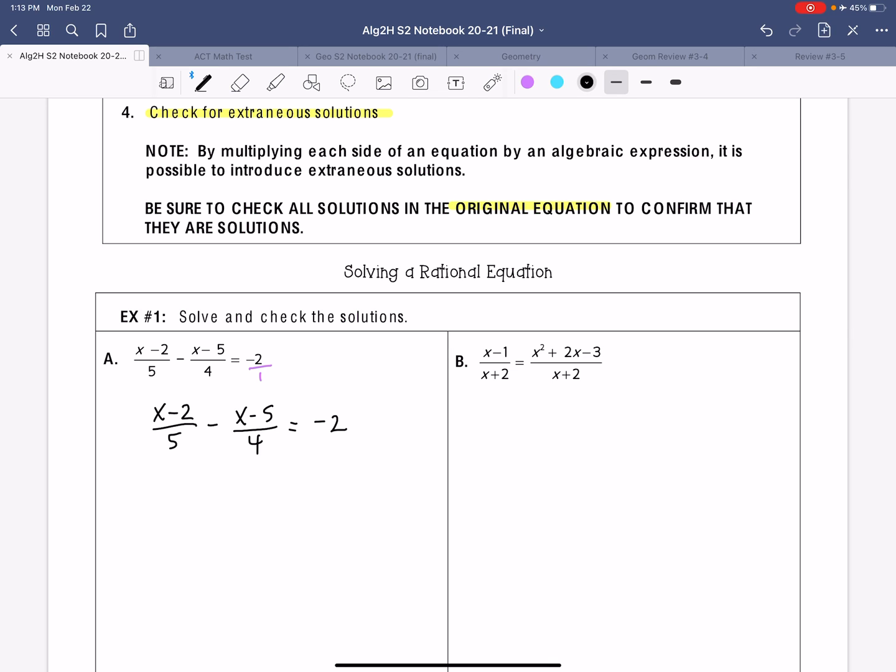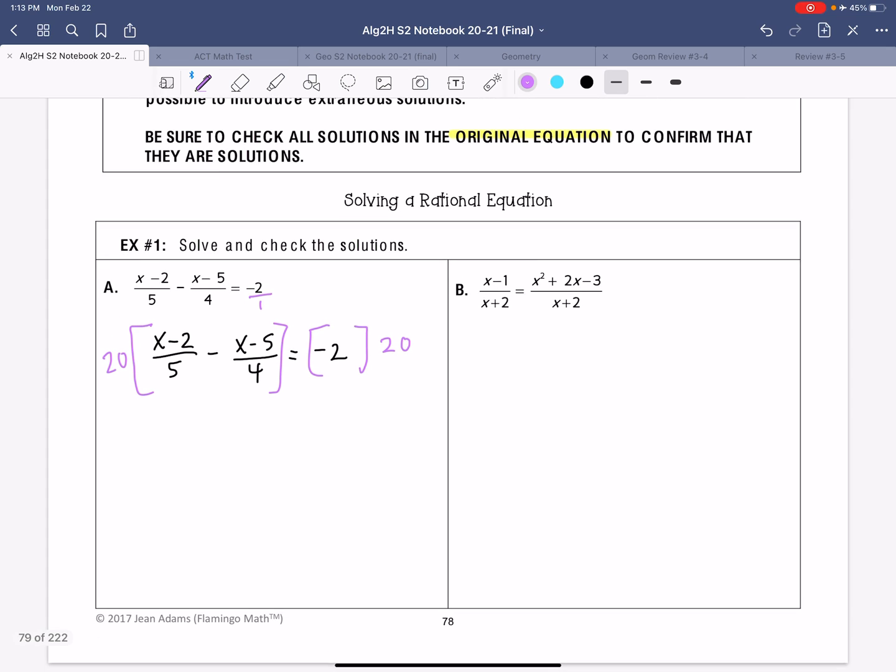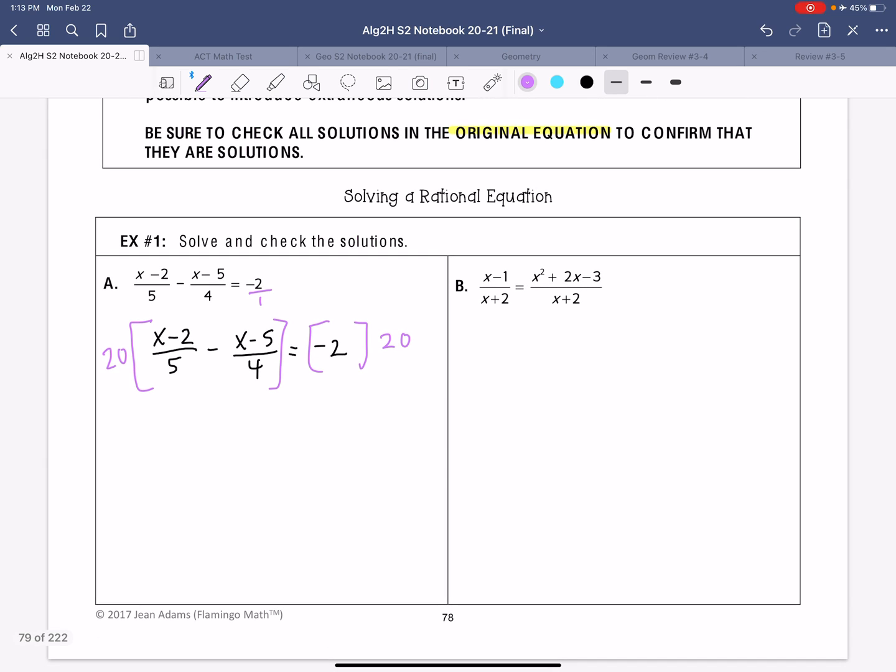Now that I know my least common denominator is 20, I'm going to multiply both sides by 20. Whatever we do to one side, we always have to do to the other side of the equal sign to keep it balanced. The 20 and the 5 simplify, and we still have a 4 left, so we have 4 times x minus 2.